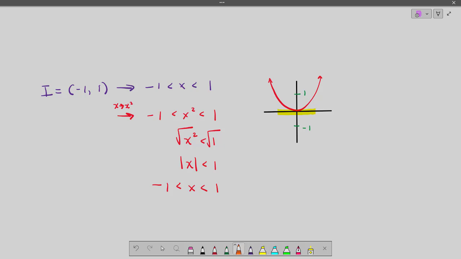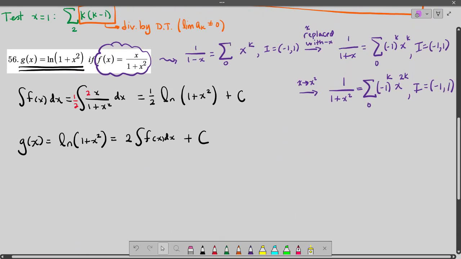And we see pretty clearly that if we come over here to -1 and over here to +1, we are going to have y values that are between -1 and 1. So you can think of it geometrically. We need to figure out the x's that give us y values between -1 and 1. Or you can use this offbeat algebraic technique. Doesn't matter. But bottom line is the interval of convergence, the IOC, did not change when we replaced x with x squared. So now we're here.